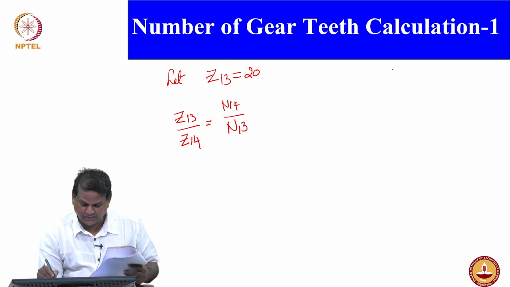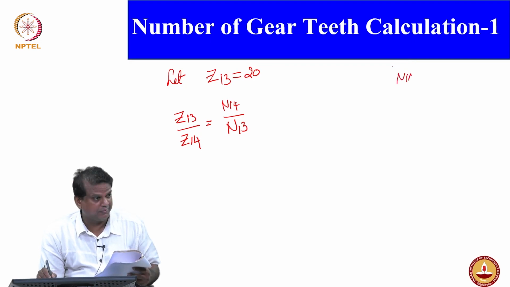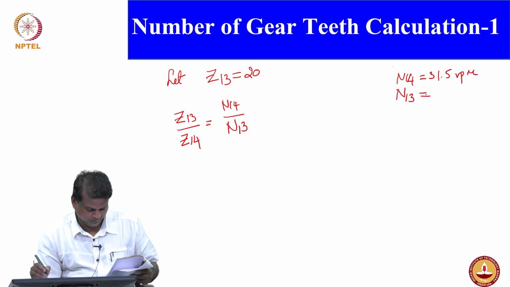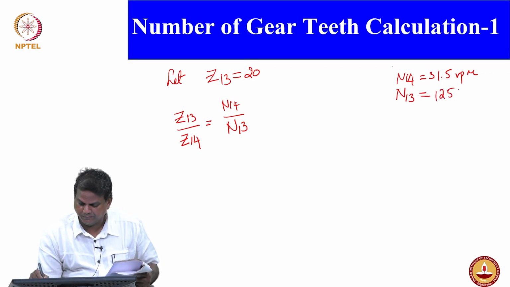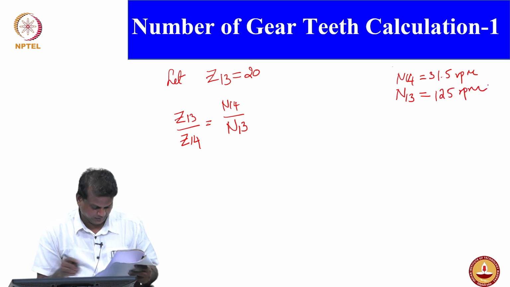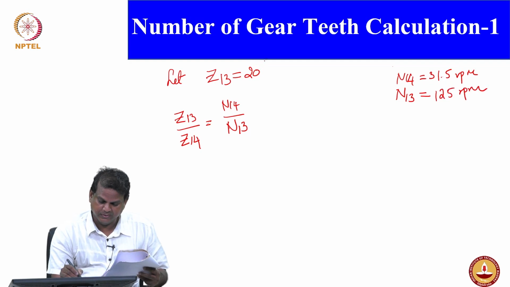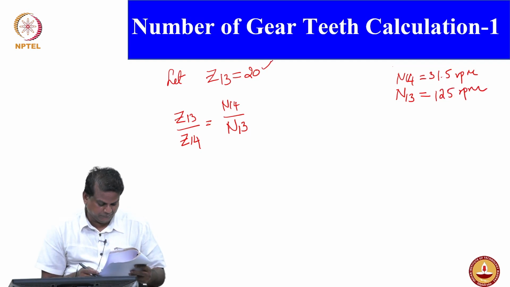So N14 speed would be 31.5 RPM. Your N13 is 125 RPM. Okay. So when you substitute, since I already fixed Z13, I need to find out Z14.